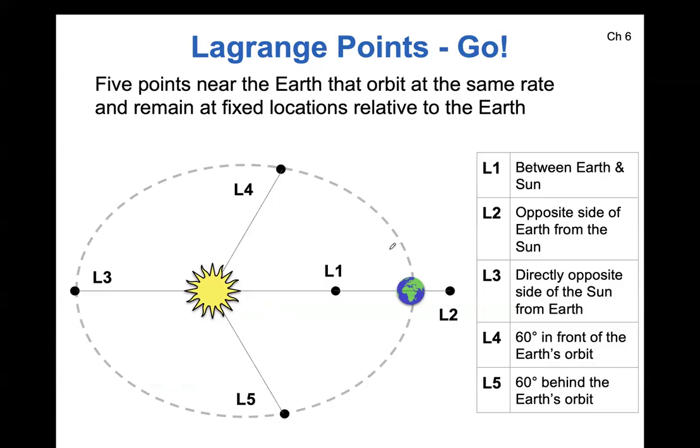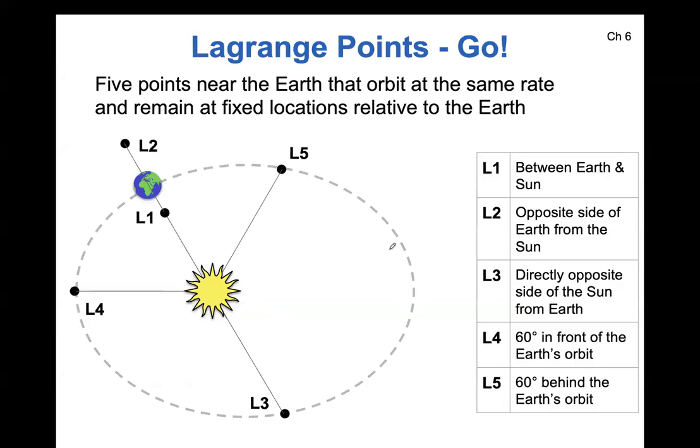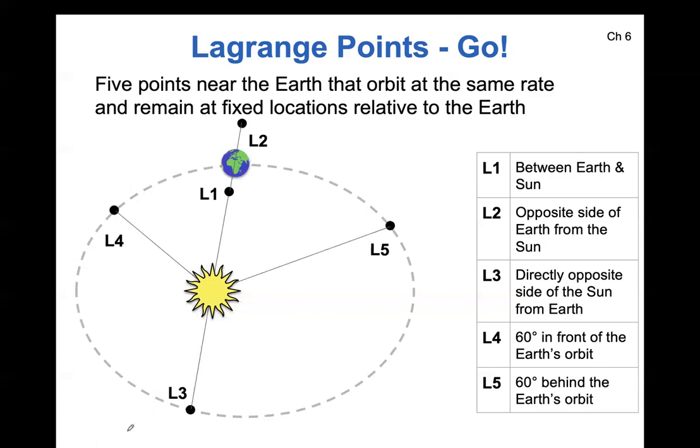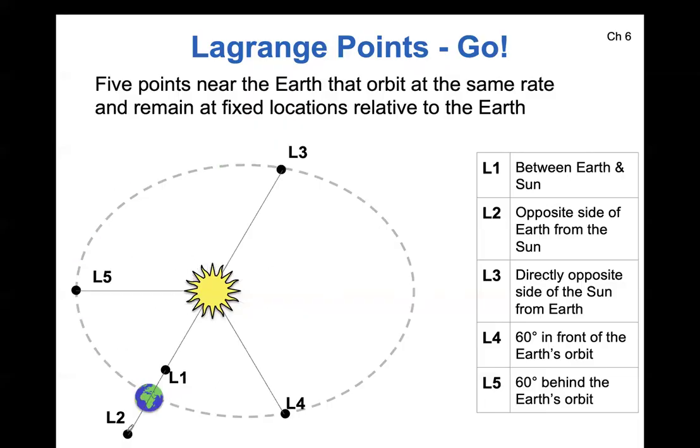So the Earth would move faster and occasionally lap Mars because Mars would lag behind. So if it wasn't for the balancing of forces, L2, since it's further from the Sun than Earth, would orbit more slowly and it would fall behind Earth over time. But it doesn't.